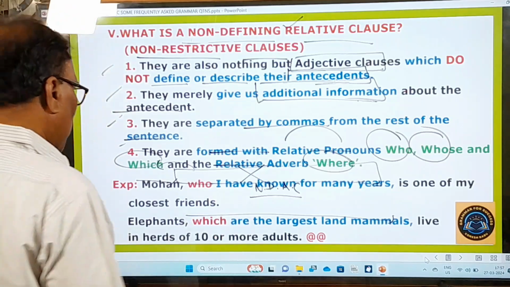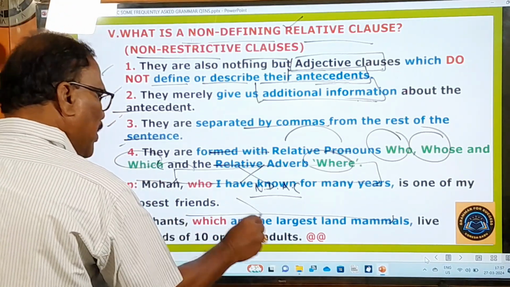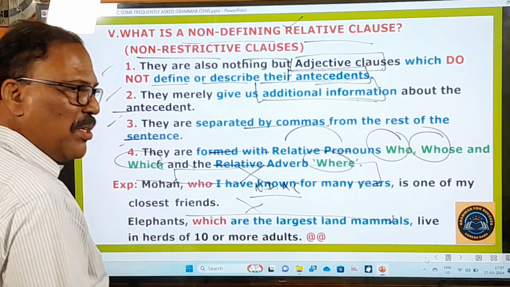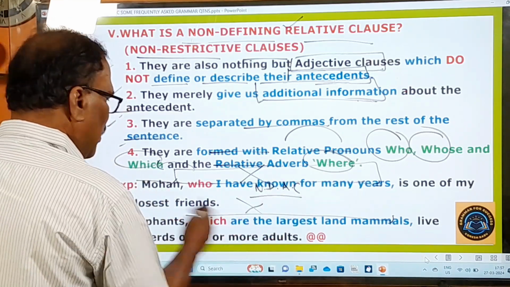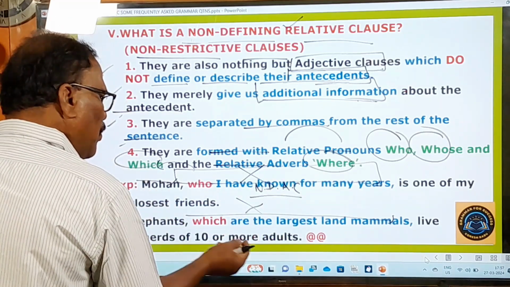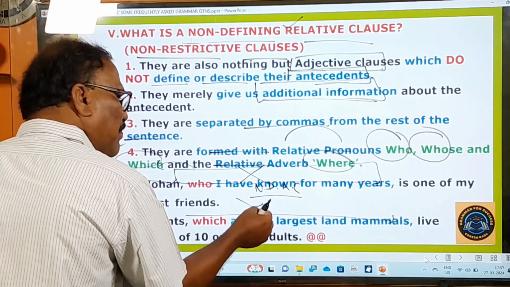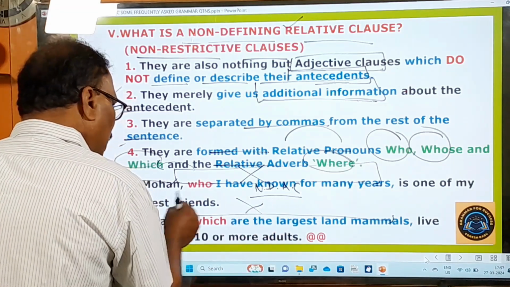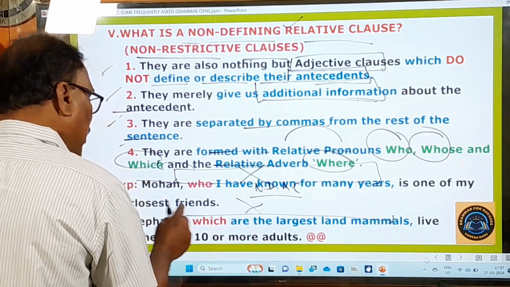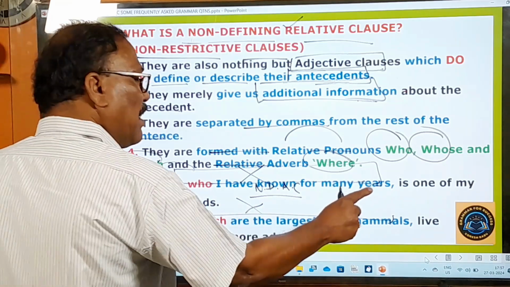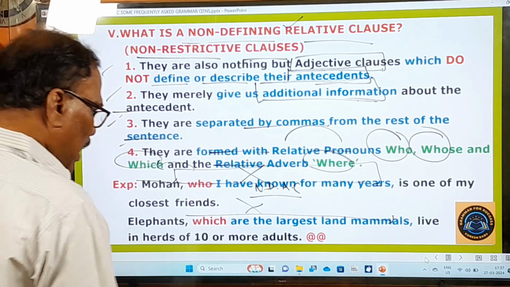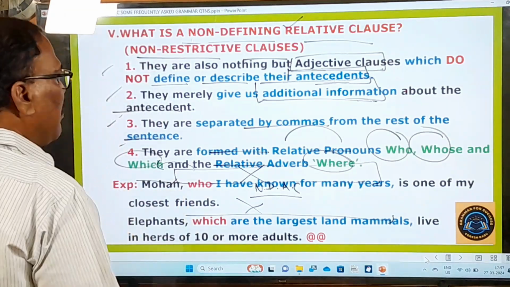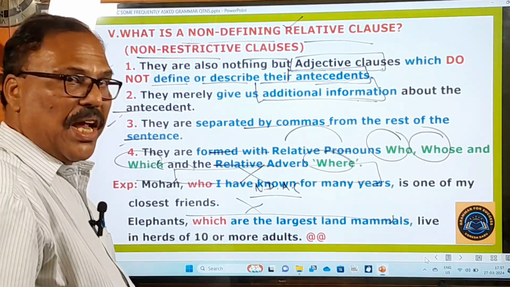Even without this, the sentence can stand on its own: Elephants live in herds of 10 or more adults. This sentence is okay, but you have inserted this additional information into the sentence, saying elephants, which are the largest land mammals, live in herds of 10 or more adults.